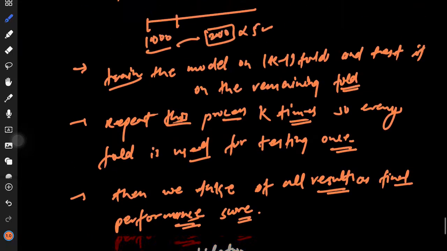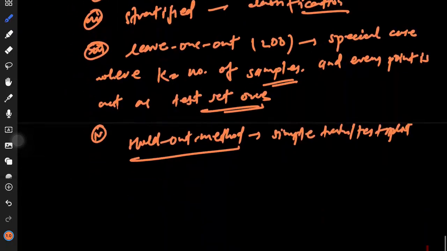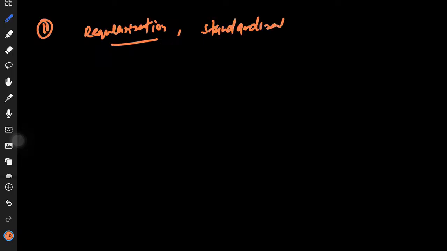Okay, so this is our 10th problem. Then what is the 11th? Someone may ask: what is the difference between regularization, standardization, and normalization?